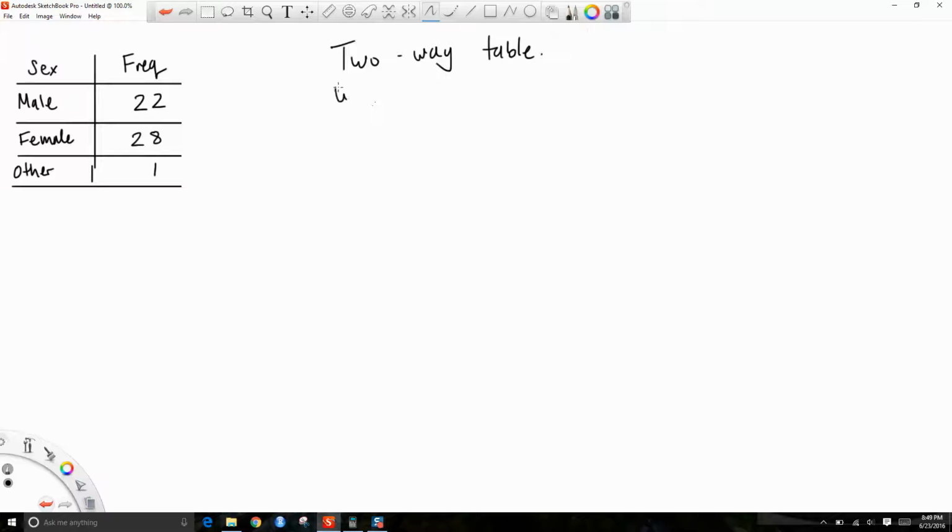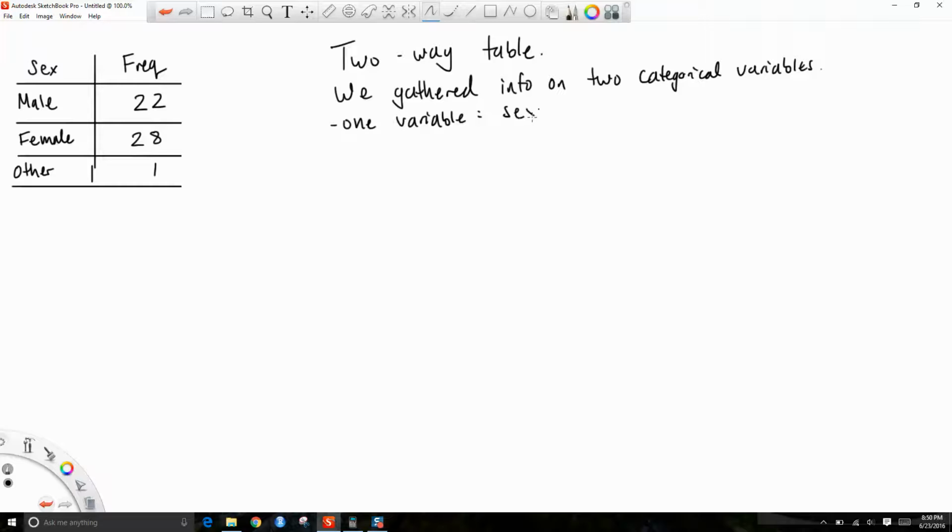So we gathered information on two categorical variables. One variable was sex, and then the other variable, maybe we're going to do hair color. Then we'll create a two-way table that will look like this.